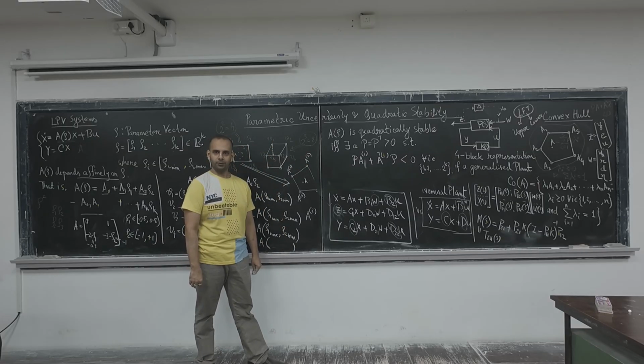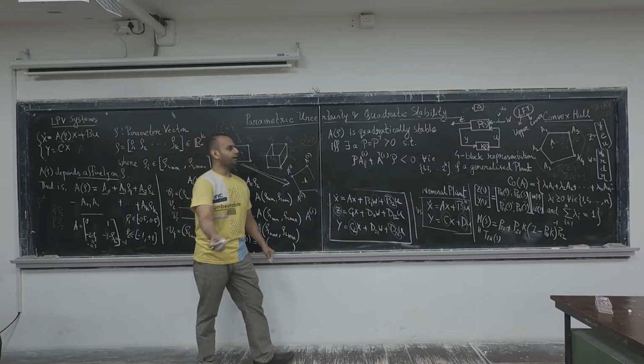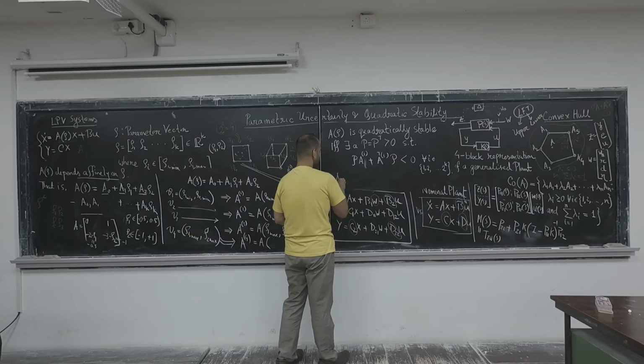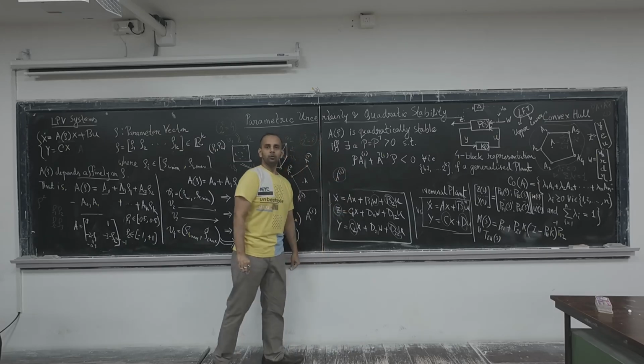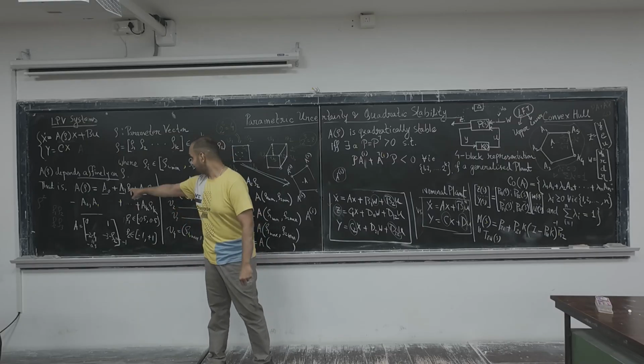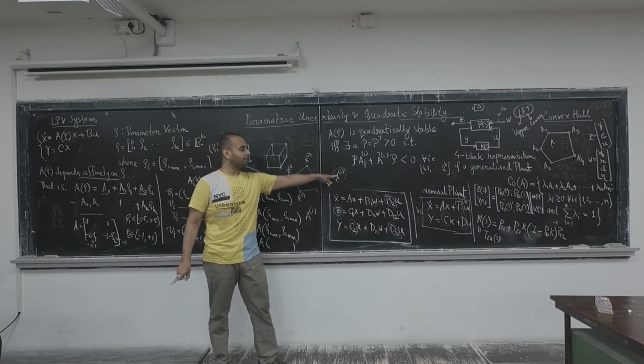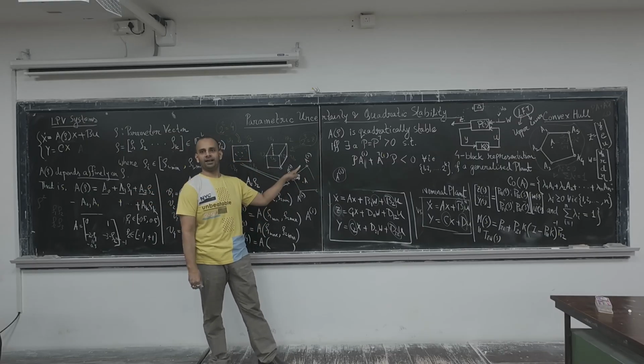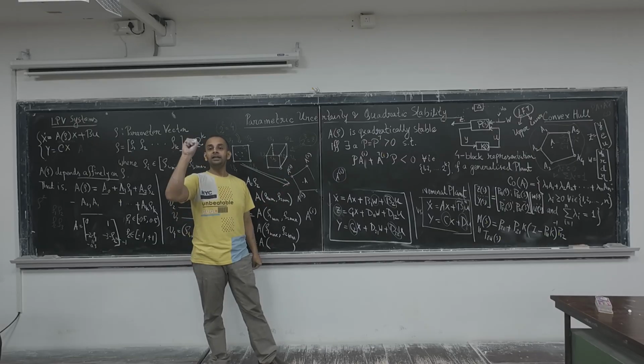Is this clear to you now? That means here also, I am using the notation A to the power in bracket i to distinguish it from A0, A1, A2. That means these matrices are the A of the convex hull, corresponding to each of the vertices of the parameter box.